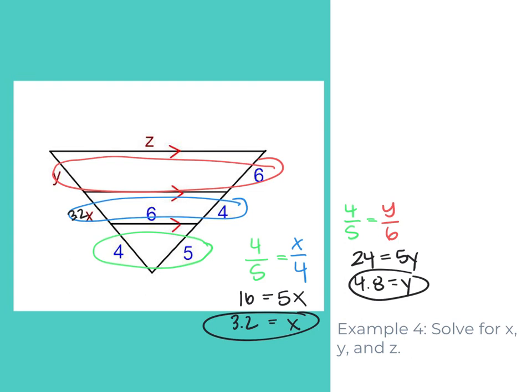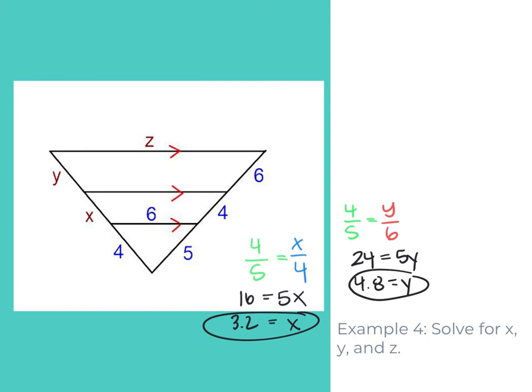Now we need to find z, but we cannot use the same method because 4 and 5 are in the same triangle, but 6 and z, they're not on those corresponding sides. They are not being split by parallel lines. So we're going to have to look for some sides that correspond.